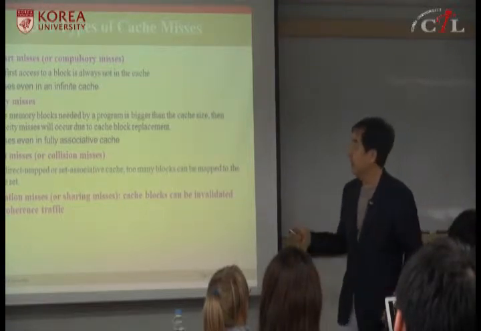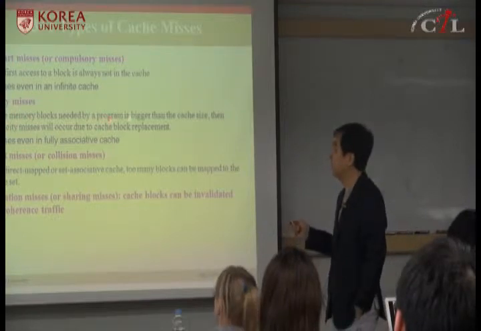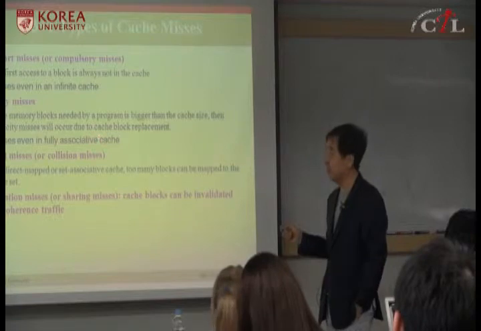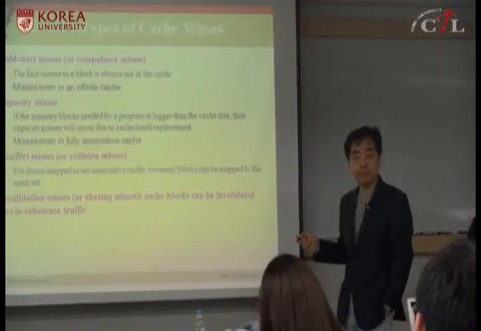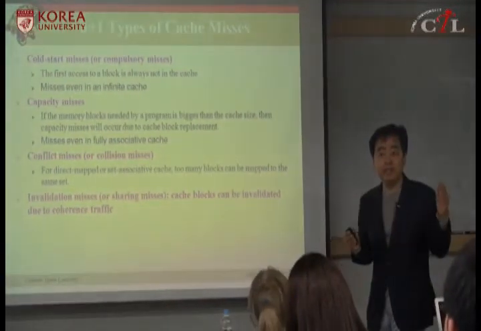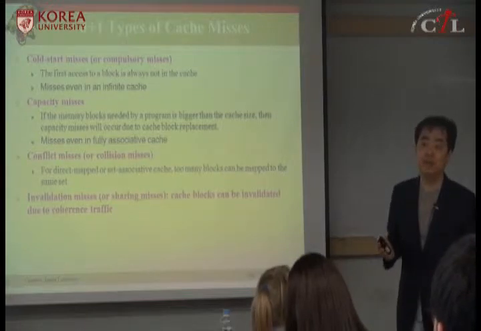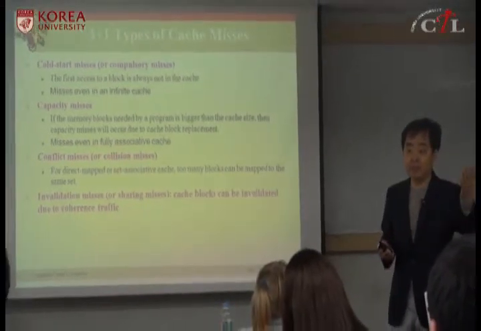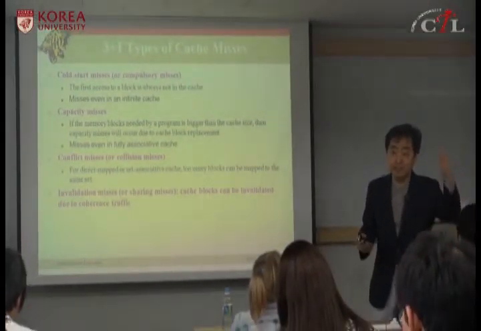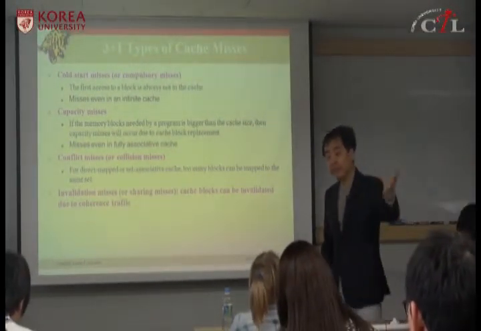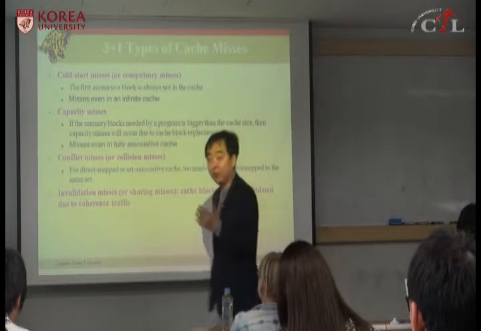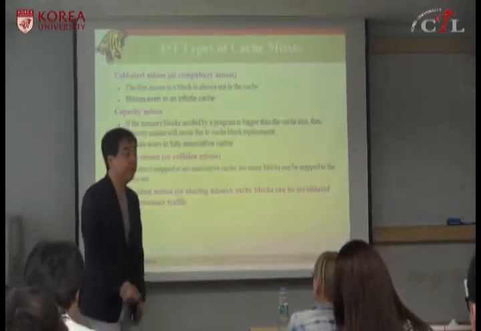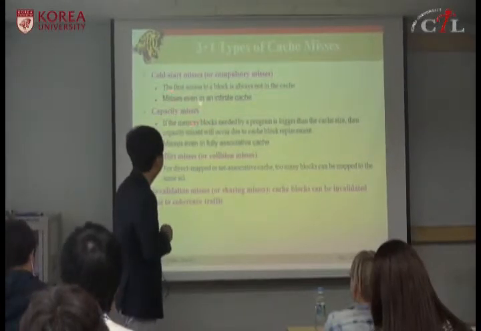If the memory block used by a program is bigger than the cache size, then capacity miss will occur due to cache block replacement, because it cannot stay there forever. It's limited. Because of the size, it should be evicted somehow. But if your cache size is a little bit bigger, it may stay there, and then you can avoid the miss. But because of size limitation, you experience this type of miss. This is called capacity miss.